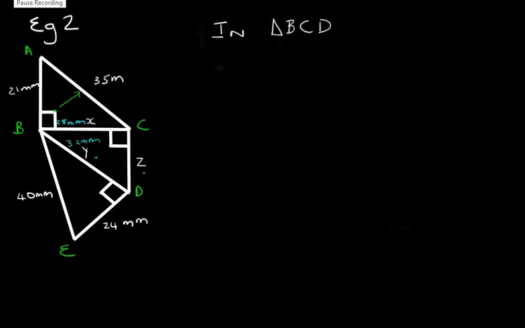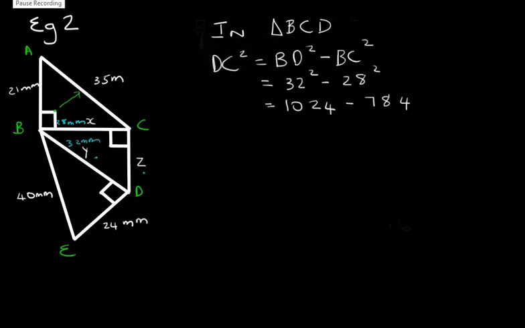Now that we have solved for X and Y, we can finally solve for Z. How are we going to do that? We are going to say BD squared minus BC squared is equal to CD squared. That will give us 32 squared minus 28 squared, which will give us 1,024 minus 784.